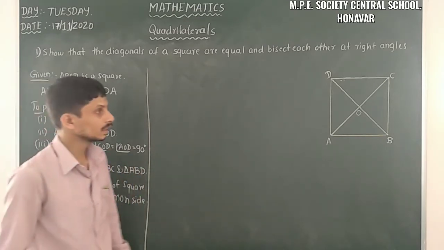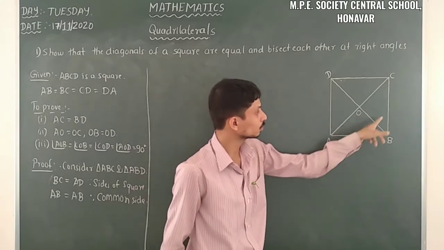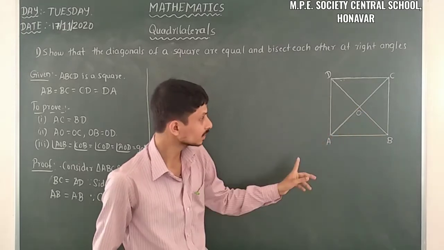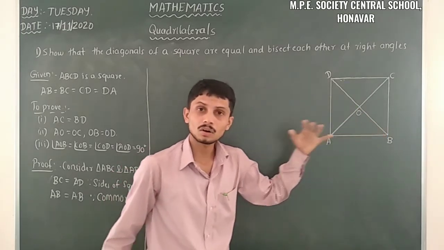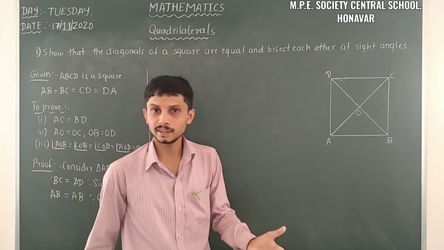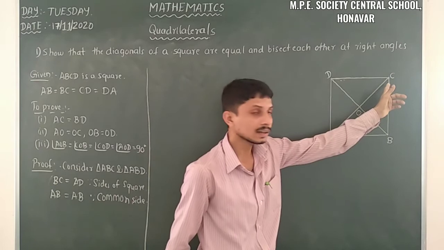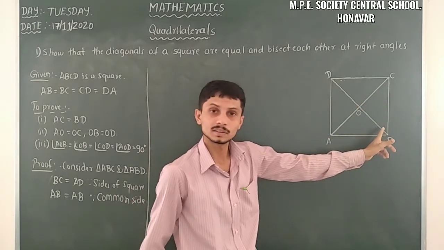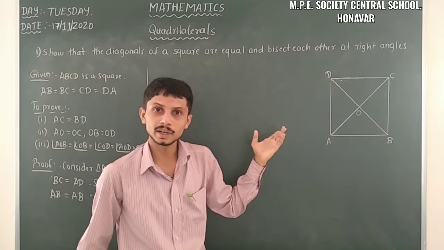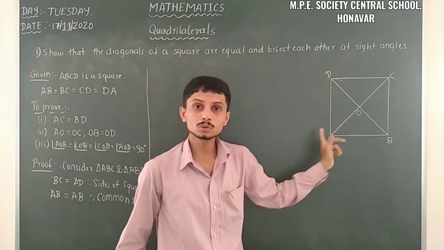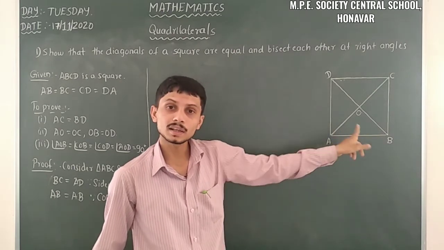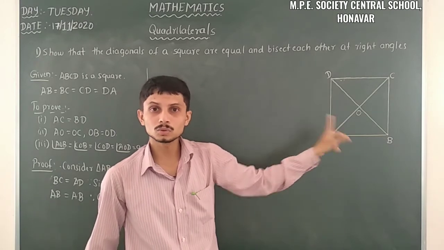Then here we consider those two angles of those two triangles. Just observe that in a square all the interior angles are 90 degrees. That means in triangle ABC angle B is 90 degrees and in triangle ABD angle A is equal to 90 degrees. So we can consider those two angles are 90 degrees, the corresponding parts of those two triangles.